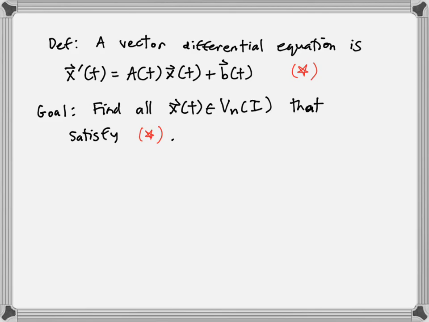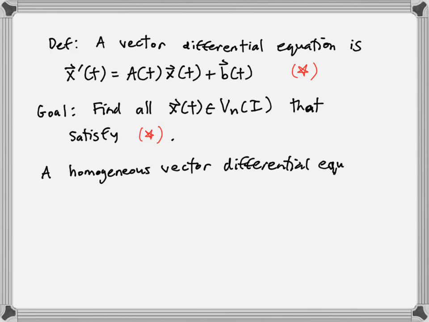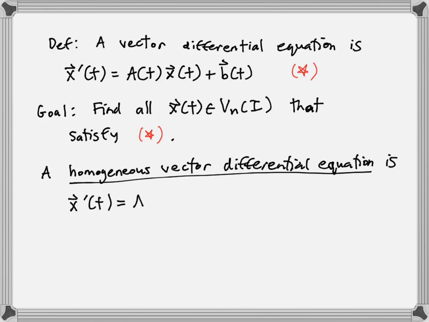So also, a homogeneous vector differential equation is something that looks like this. X prime of t is equal to A of t times x of t.